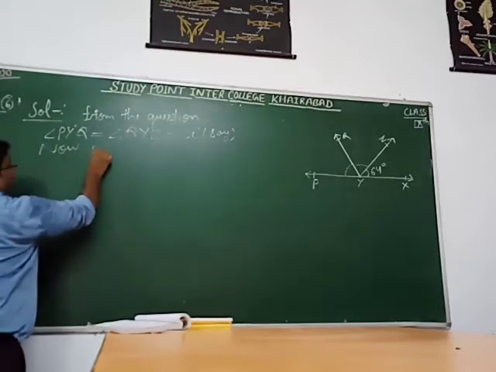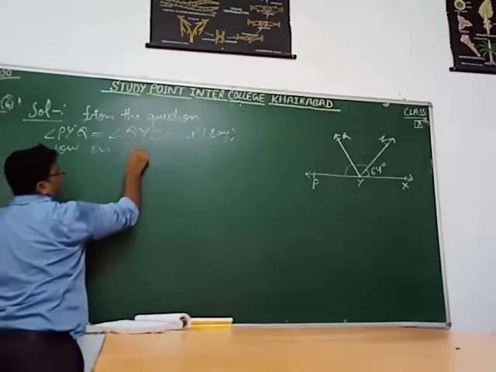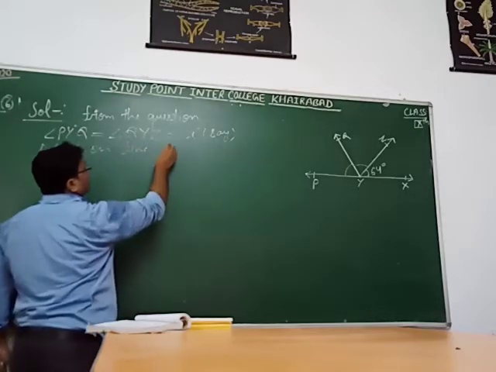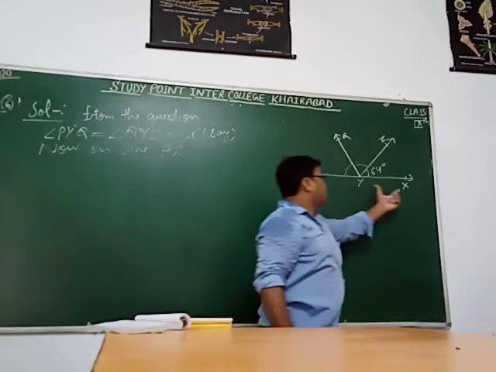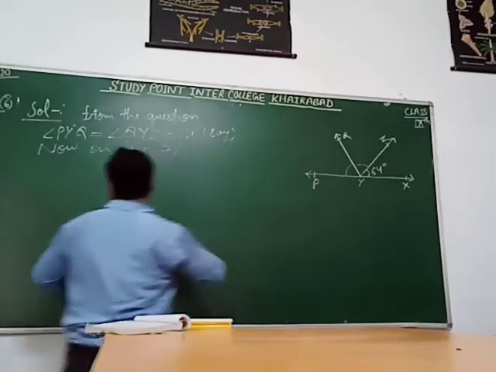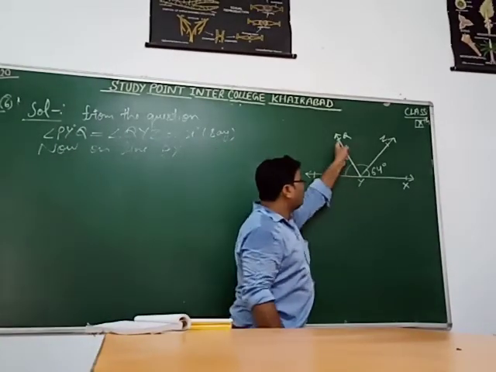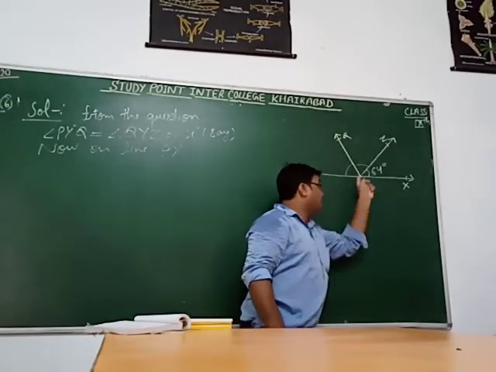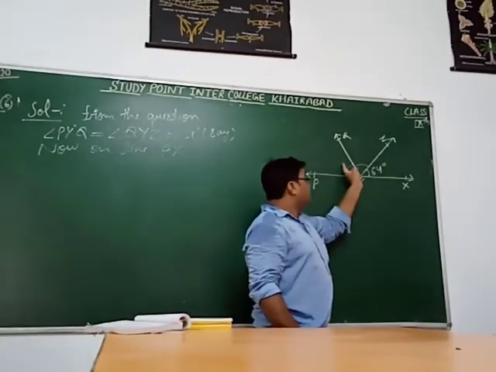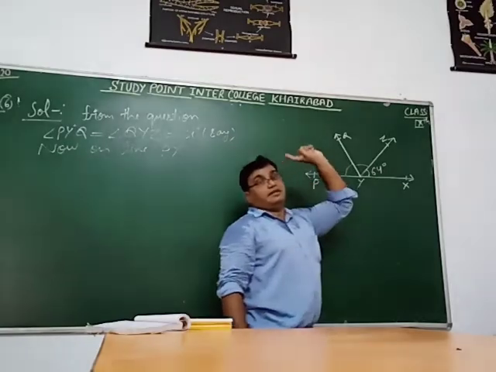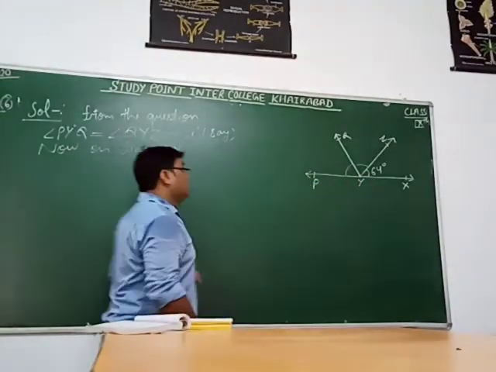Now on line PX, angle PYQ plus angle QYZ plus angle ZYX will be 180 degrees, because all these angles lie on this line PX.